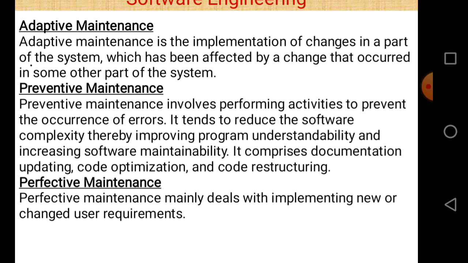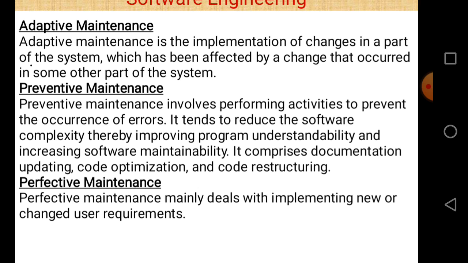It focuses on when user requirements change according to new circumstances or conditions. After some time, if the customer says that there are some other functions which should be part of the software, then this type of maintenance can be covered using perfective maintenance.